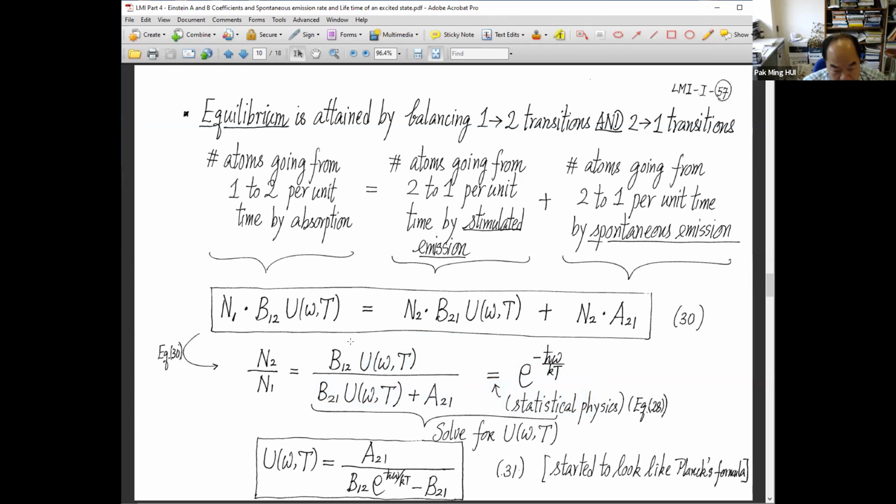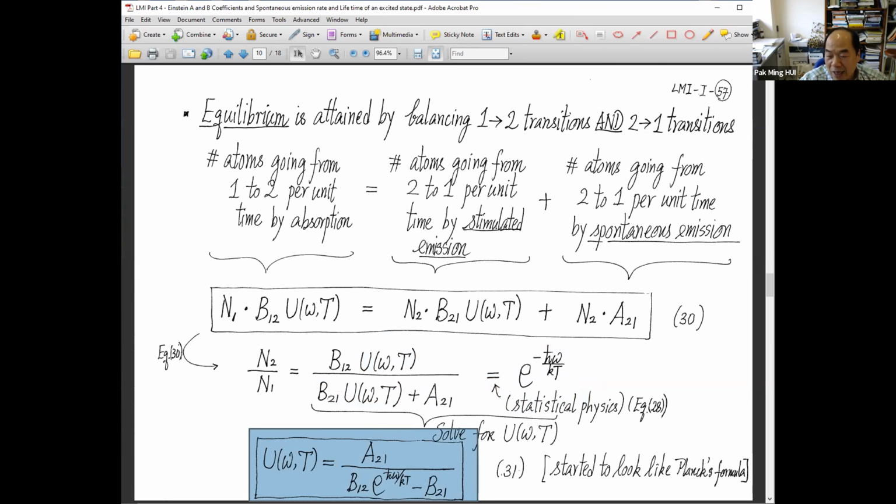Therefore, we can solve this U out in terms of all these variables, okay? So this is the punchline of the discussion so far.